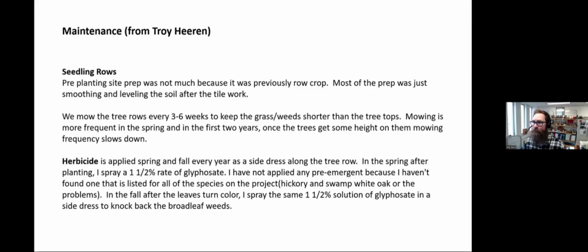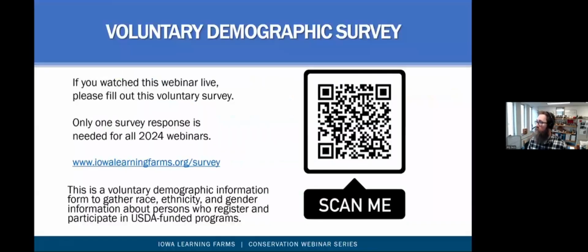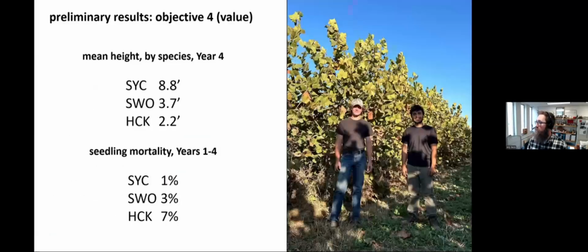Can you expand on how you decided the density of the tree planting and if there are any plans to look at some other density? Let me go back here a bit. So this is a standard. It kind of fell in line with NRCS specs.